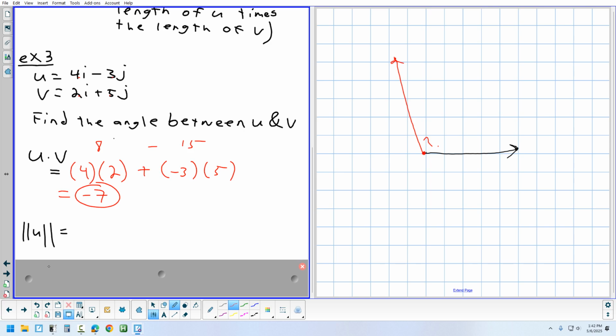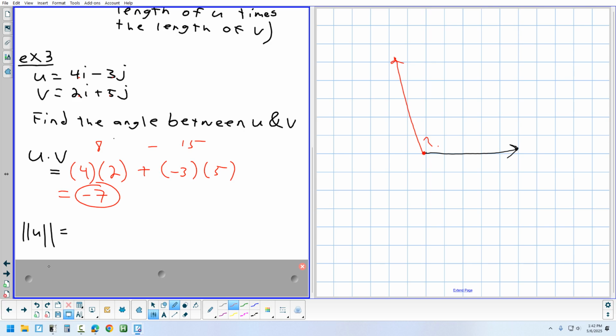Next thing I need is the length of vector u. How do we find the length of vector u? We're not finding a vector, we're just finding a length. No, we don't need to draw it, we've got a formula for it. It was the 4th formula I gave you today, on the first page.